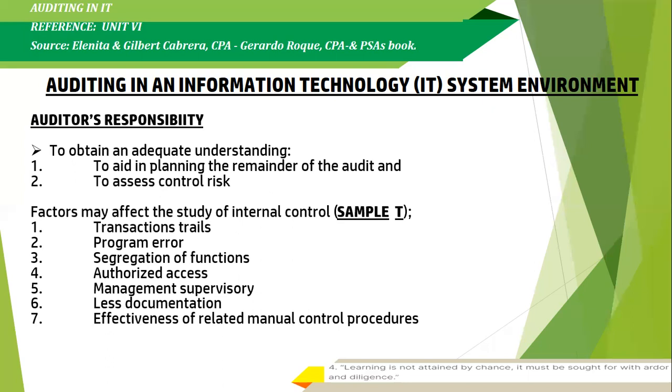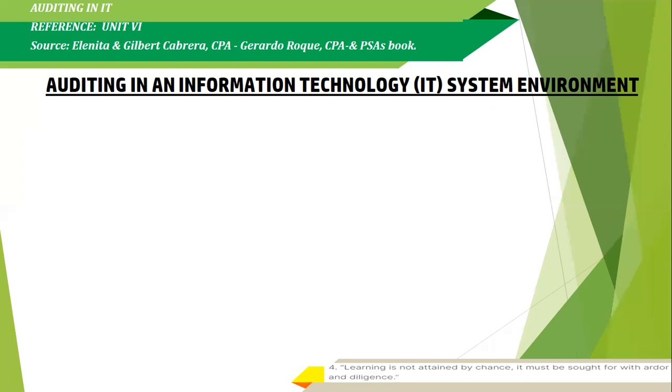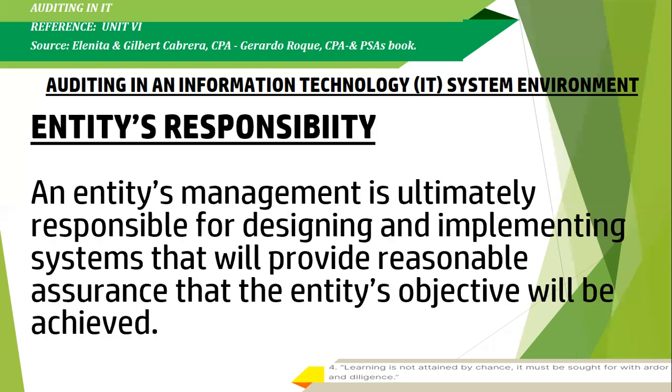Right? So tapos na tayo sa auditor's responsibility. Ano naman yung responsibility ng entity management? So, the entity's management is ultimately responsible for designing and implementing system that will provide reasonable assurance that the entity's objective will be achieved.